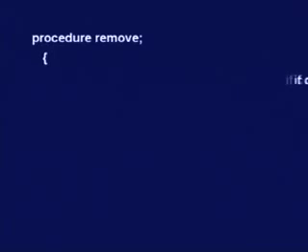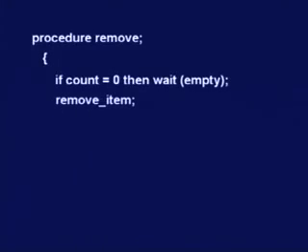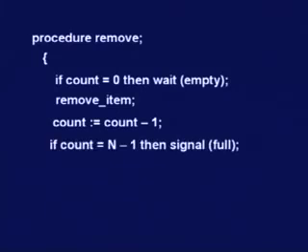Similarly, we have a procedure remove, which will be called by the consumer, and this is the critical section for the consumer. The same thing is done here. If the count is 0, that means there is no full, that means the buffer is empty, then it has to wait on empty. The value of empty is 0.